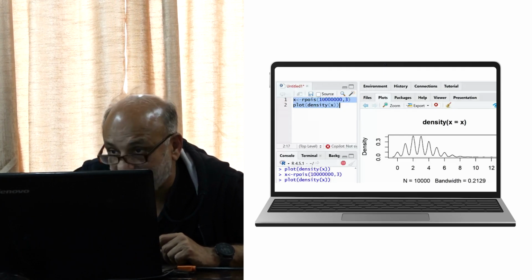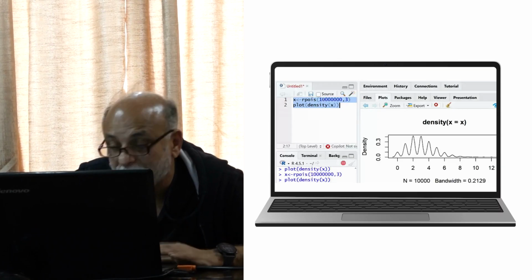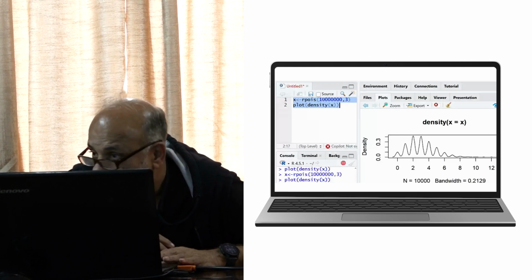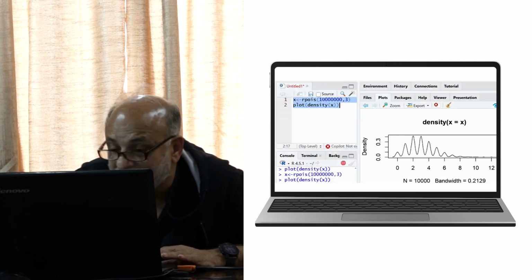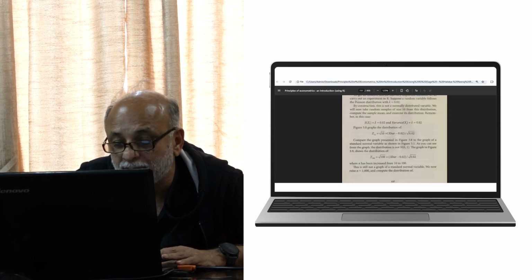So I get this Z10. Now I'm going to increase the sample size to 100, again with data from the same Poisson distribution, and then change it to 1000.